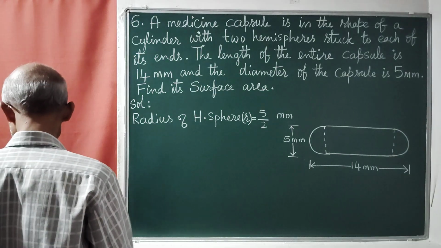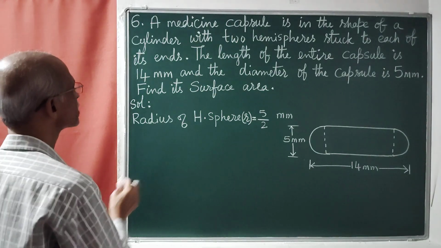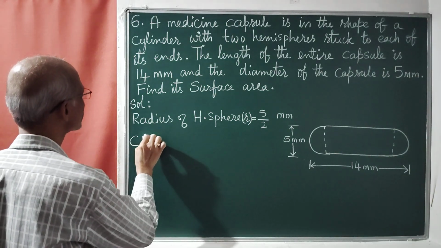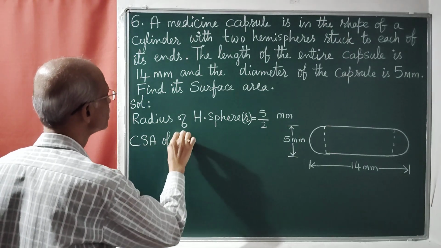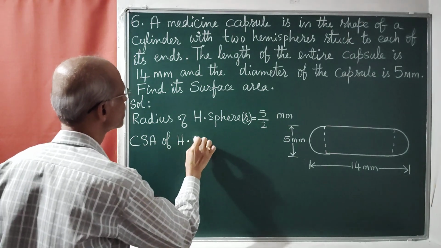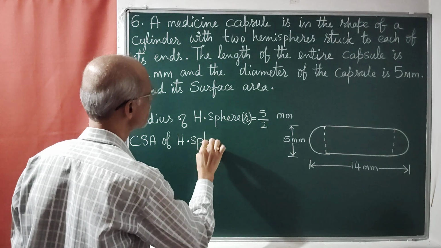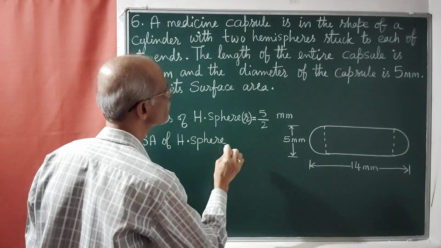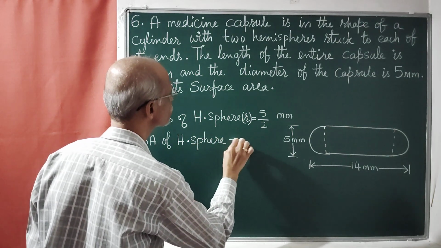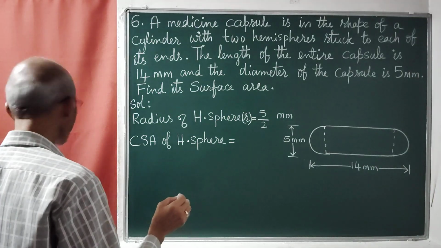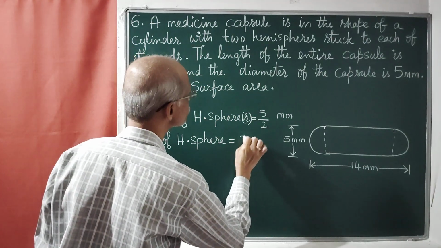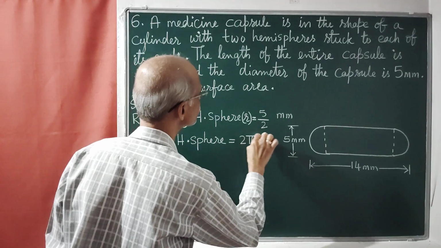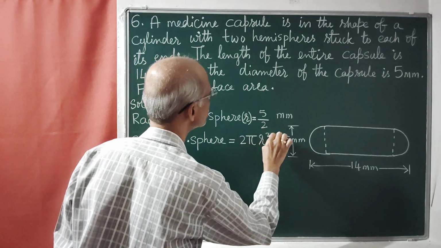Now we will find the CSA of the hemisphere. CSA of hemisphere is equal to 2 pi r square.